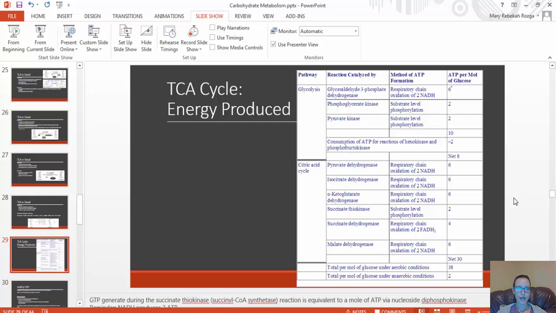Some might use 2.5 ATPs per NADH, or if we get really in detail, different researchers have found that at different stages, they are producing slightly different amounts of ATP. So for the purposes of this class, you just need to remember it produces 38 and uses 2, but you might see it different in different sources.